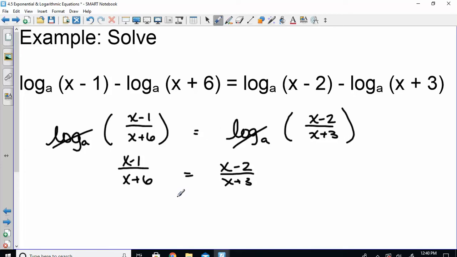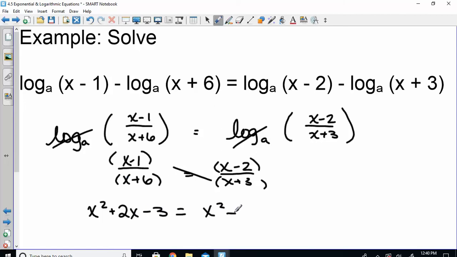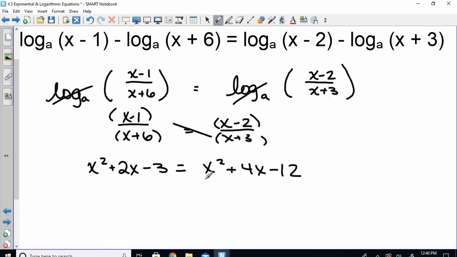Then what do we do? Yeah, cross multiplying would take care of that. If I multiply those two, we have to FOIL, so we get x squared plus 3x and minus 1. This would be plus 2x minus 3 equals, would be an x squared plus 4x minus 12. If we subtract our x squared, it actually cancels.